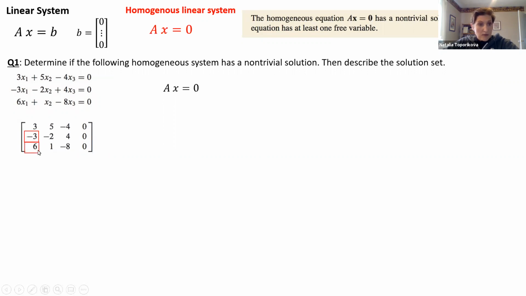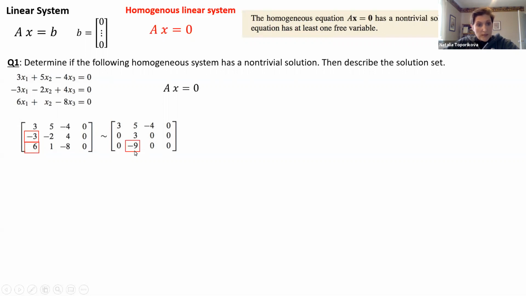We can use a similar strategy to eliminate the 6 here and convert it into 0. We take the first row, multiply it by 2, and subtract it from the third one. That takes care of the zeros in the first column.